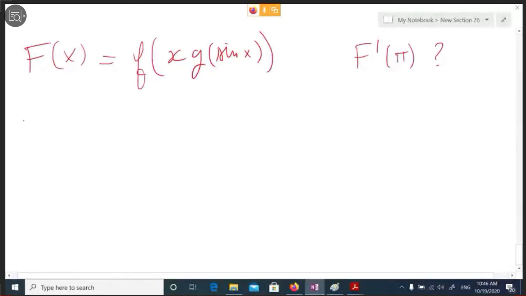First you need to find the general form of f prime. Okay, so take the derivative here.